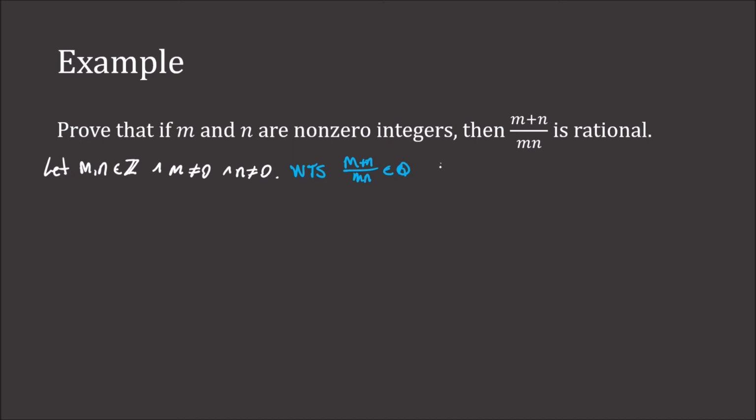So m plus n and m times n are both integers, because the sum and product of integers are integers.